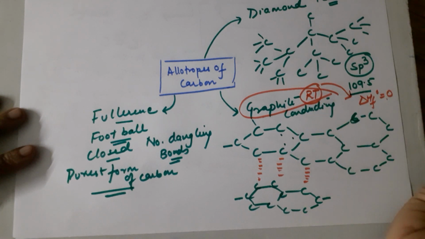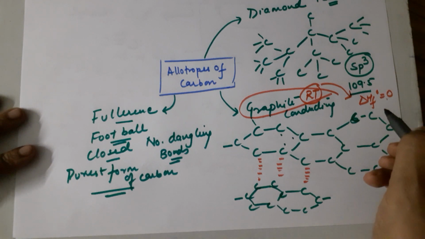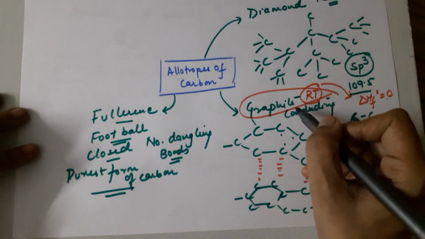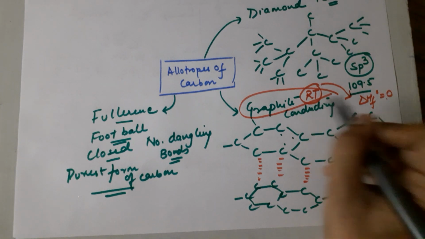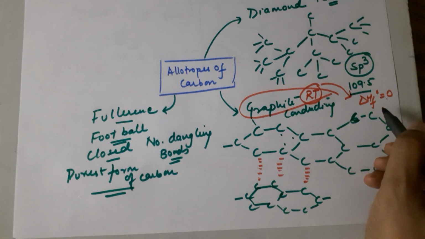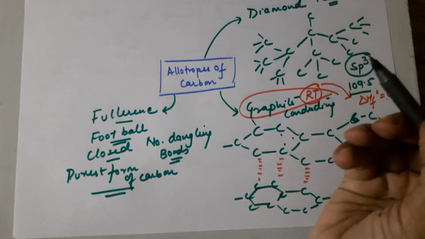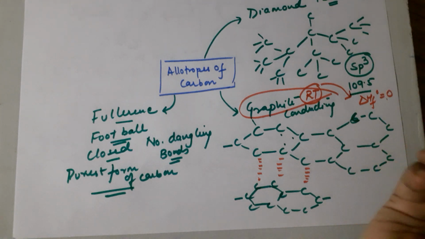So when we talk about heat of formation under the elemental state, it is most thermodynamically stable and exists at room temperature, so we take its enthalpy of formation to be 0, while for these two the enthalpy of formation cannot be taken to be 0. Is that fine?